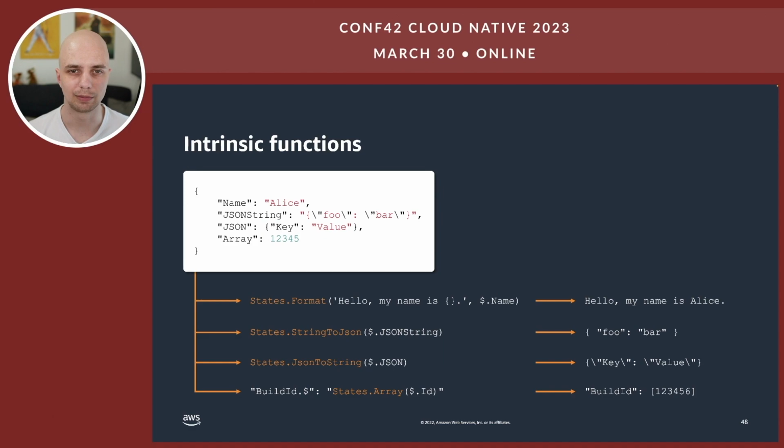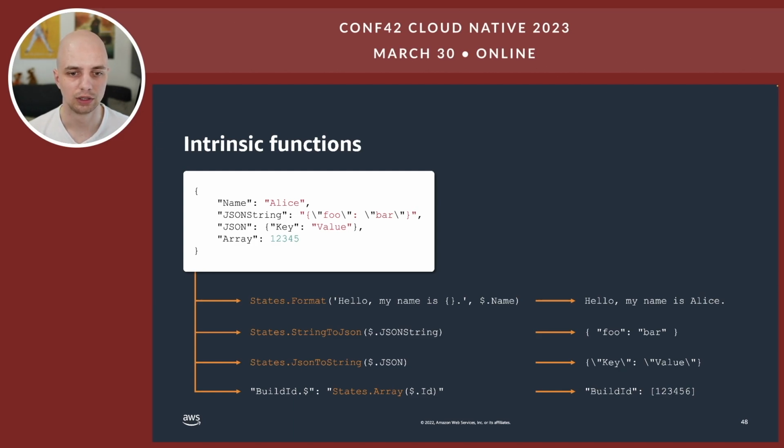Then there are also some intrinsic functions which you can use to modify the inputs in the state already. So for example, you can format a string, convert it from escaped string to JSON, or from JSON to string, and do multiple things. There are also some more intrinsic functions which are not listed here.